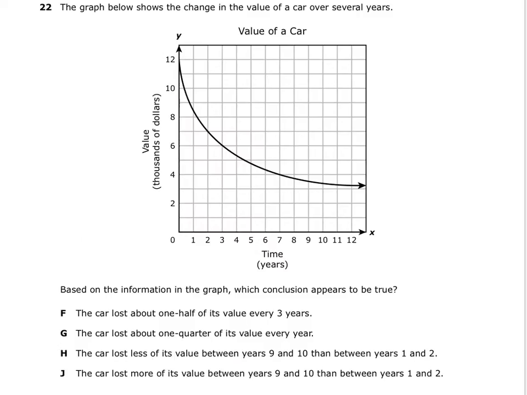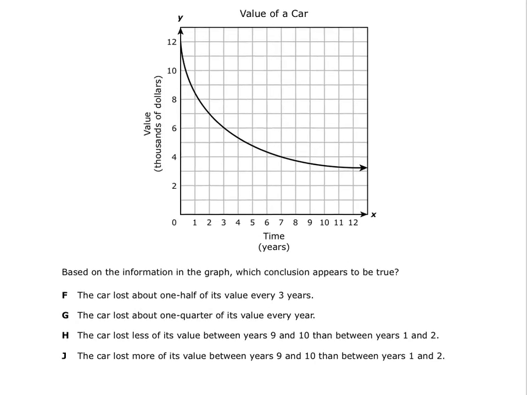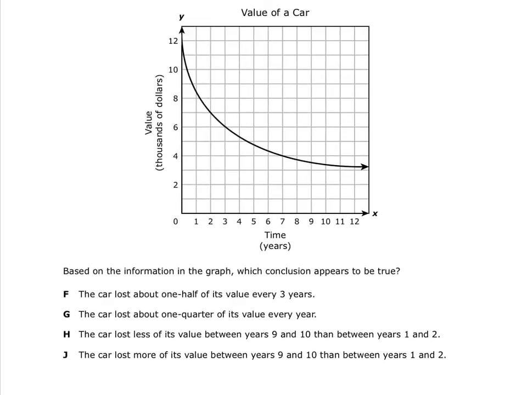Moving on to number 22. This graph shows the change in the value of a car over several years. So based on the information in the graph, what appears to be true? Okay, so we're going to look at each of these answer choices and decide if this actually is verified by the graph. So F says the car lost about half of its value every 3 years. Well, let's look at that.